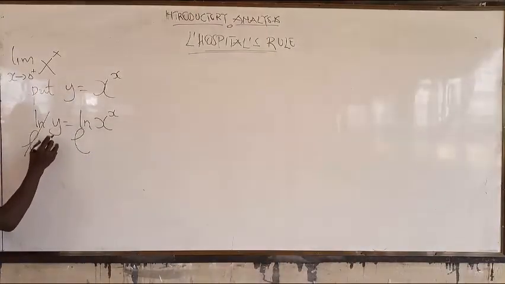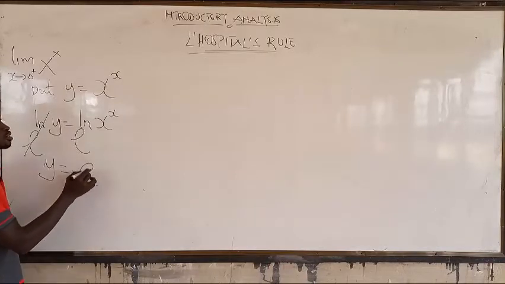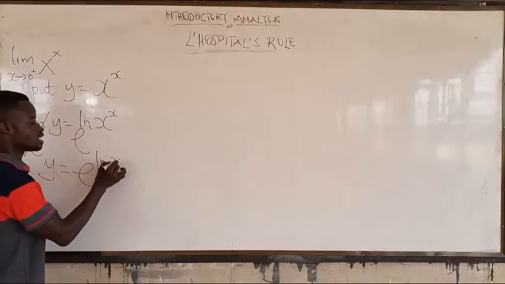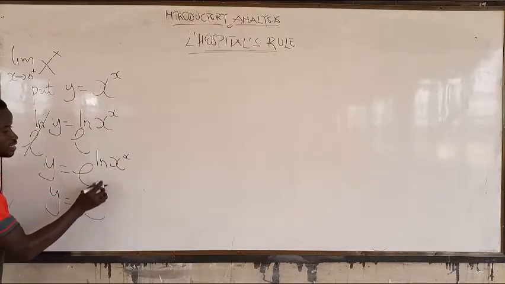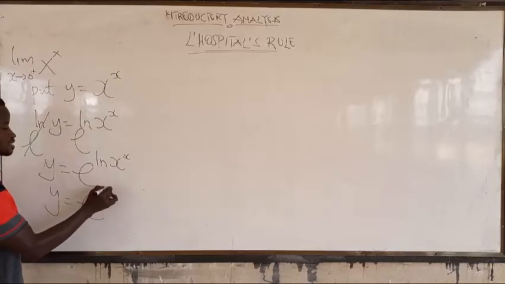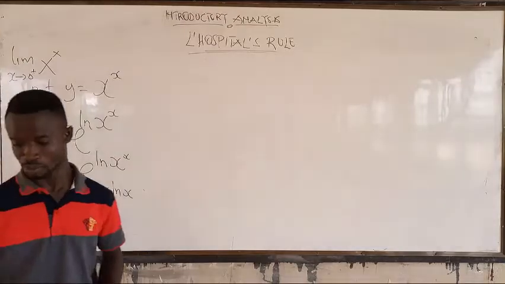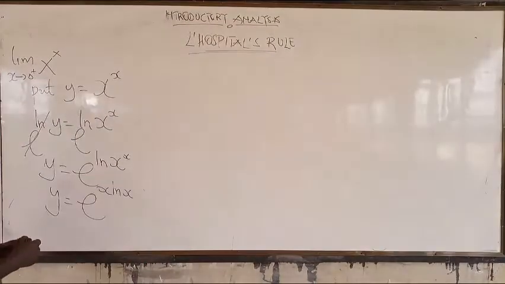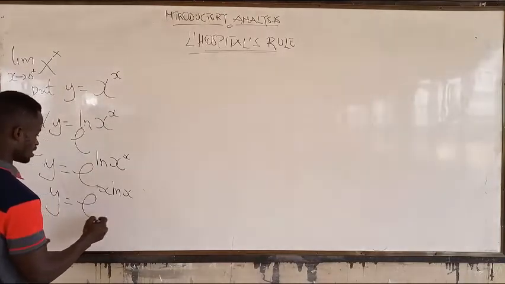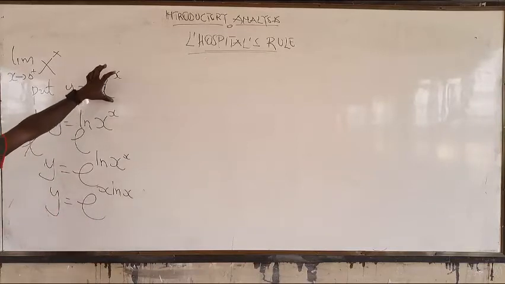This cancels this, so we get y is equal to e raised to the power ln x raised to the power x. Now, we know that this can be written as x ln x. Wow, beautiful. So now watch. You can see clearly that we know y is equal to this.